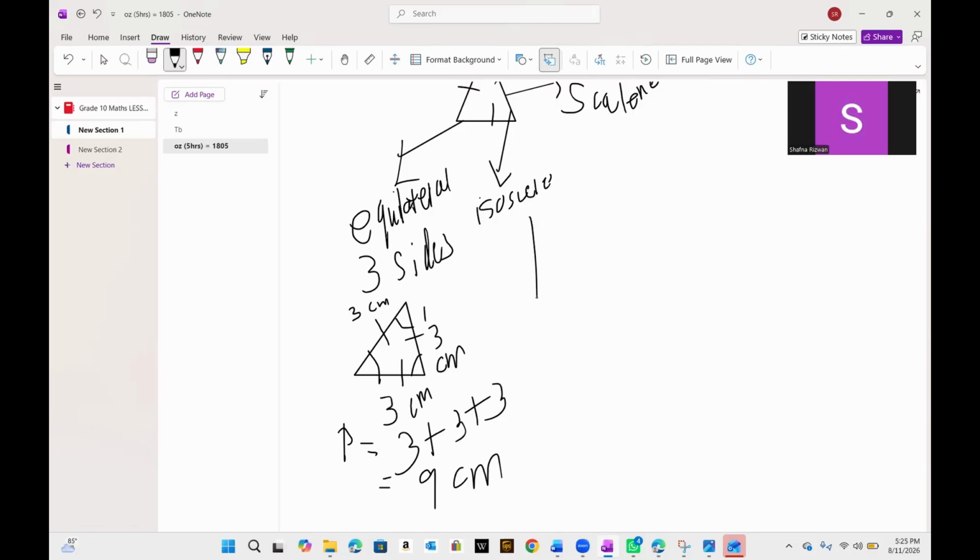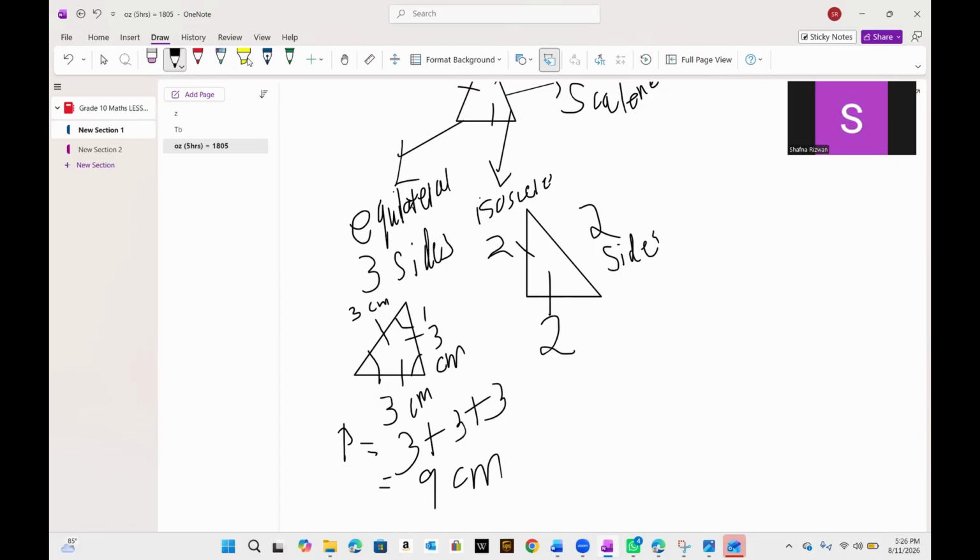Now when it comes to an isosceles triangle, here what happens is only two sides are equal while the other side is not equal. Two sides are equal. That means, what can you say? If you're going to take the perimeter, here let's say 2 centimeter, and here also 2 centimeter.